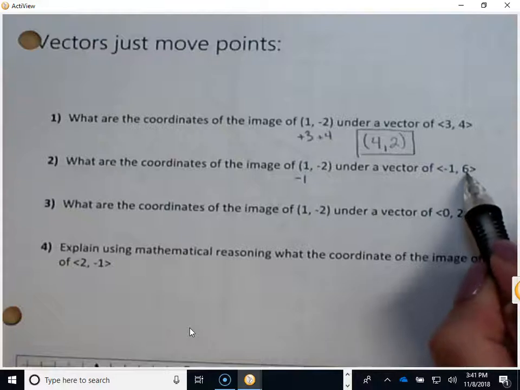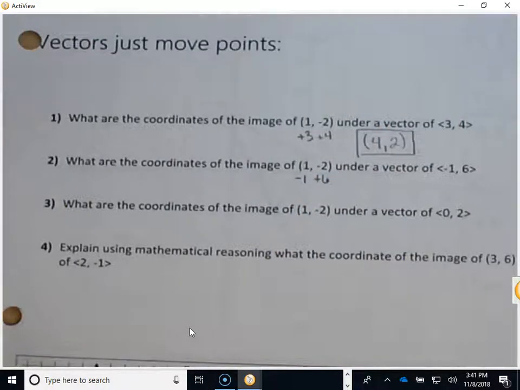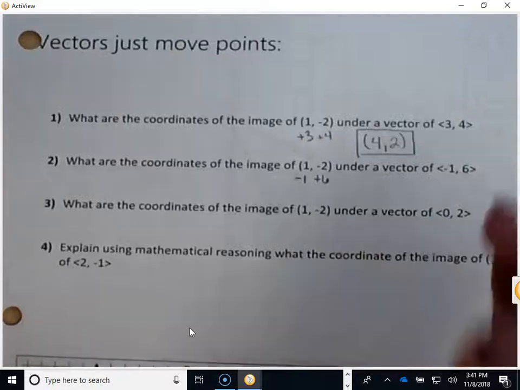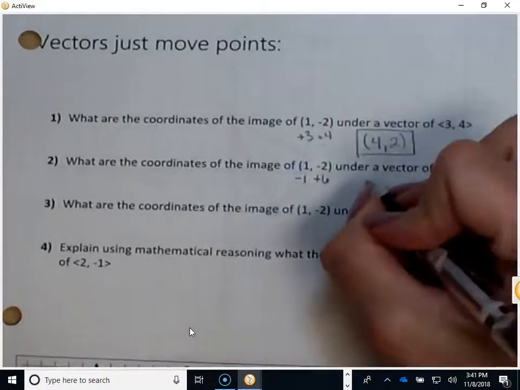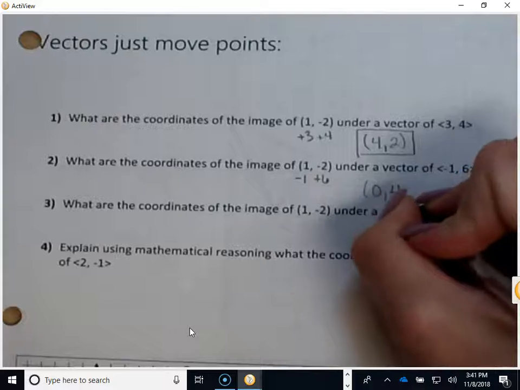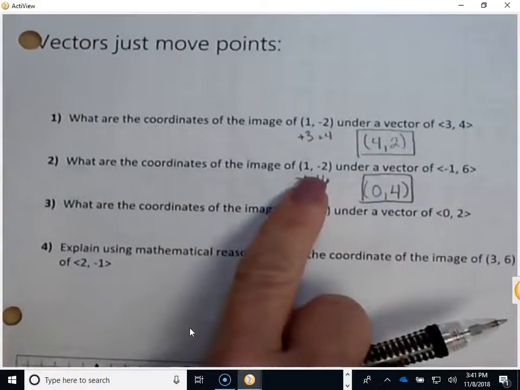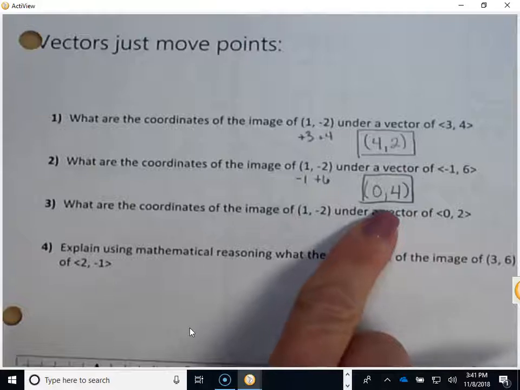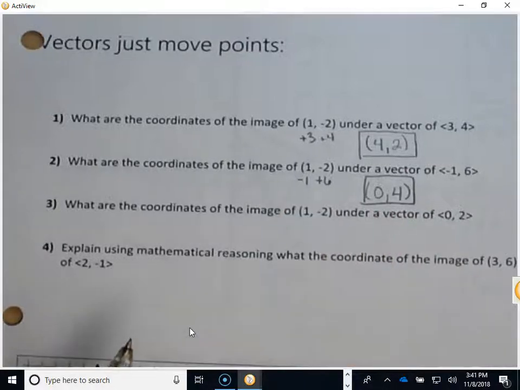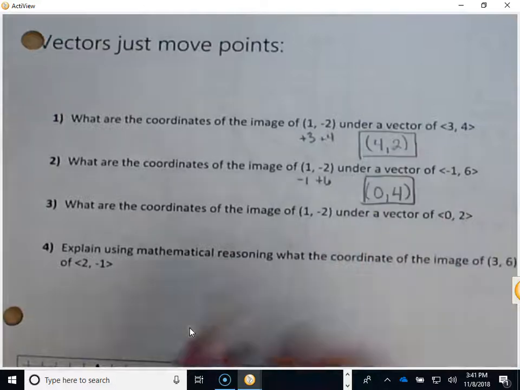And since that's a positive 6, we add 6 to our y coordinate because it's in the y coordinate position. To get our new point, 1 minus 1 gives me 0. Negative 2 plus 6 gives me a positive 4. So that vector moved the point 1, negative 2 to our new point of 0, 4. These would be our pre-image points, and these would be our image points.